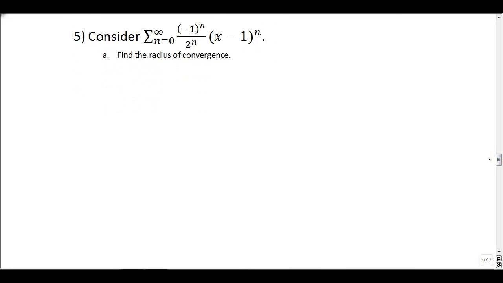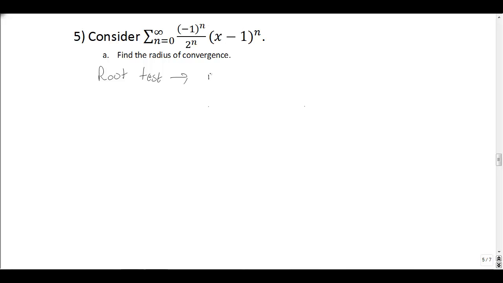Okay, so again, this is very similar to a previous question. We're going to find our radius of convergence. We have negative 1 to the n over 2 to the n times x minus 1 to the n. Again, I can use a root test. It's probably simpler than the ratio test here, if every part of your a_n is something to the nth power.